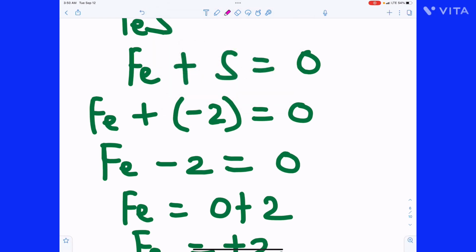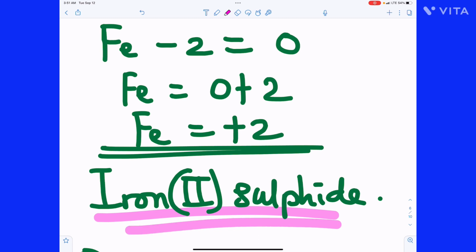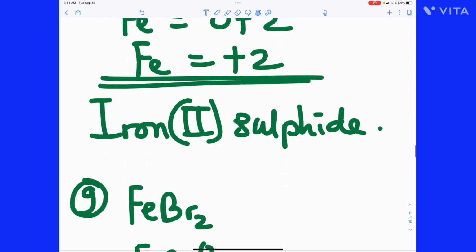That gives you Fe plus minus 2 is equal to 0. So Fe minus 2 is 0. Fe is equal to plus 2. So the charge of iron in this compound is plus 2. We call it iron 2 sulfide. I hope that's clear. Very easy.